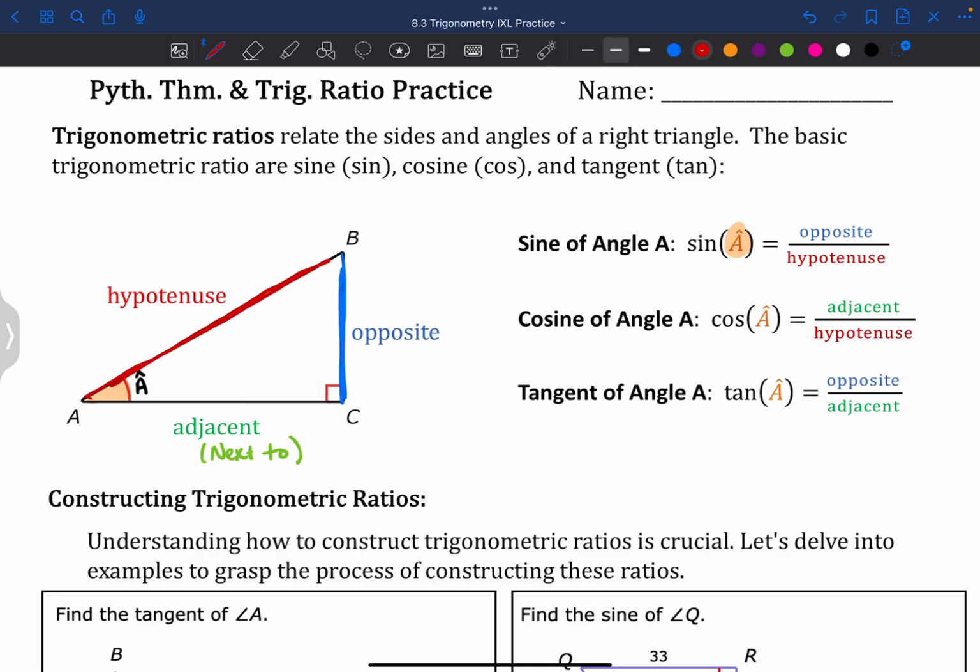If we take those two side lengths, put the opposite over hypotenuse, it is equal to the sine of that angle. We'll dive more into it when we get there. We're just worried about constructing trig ratios right now.